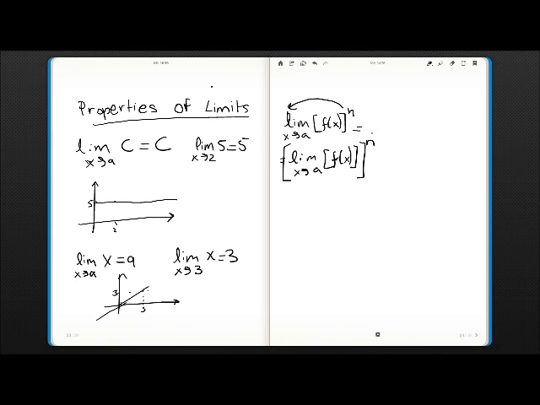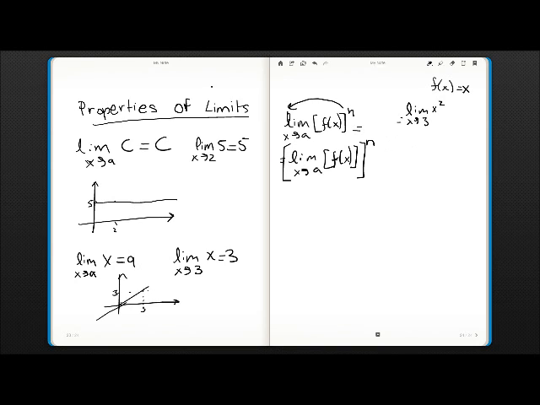So an example, I'll use a pretty simple example like last time. Say we have the limit as x approaches 3 of x squared. So let's say f of x equals x.